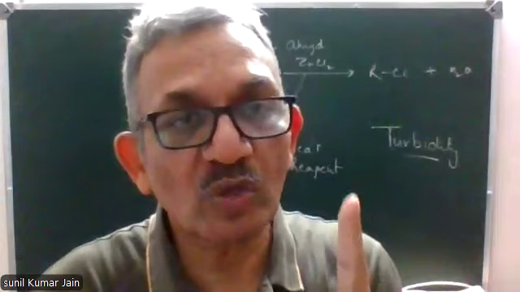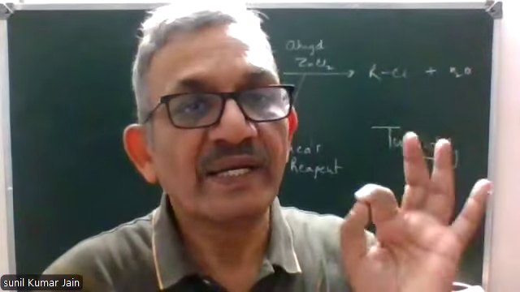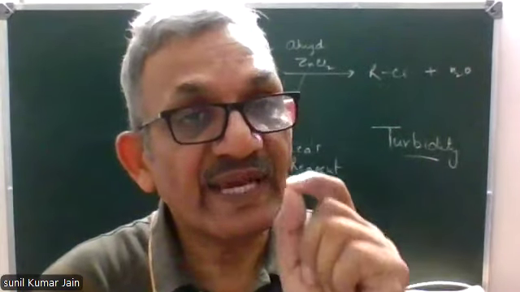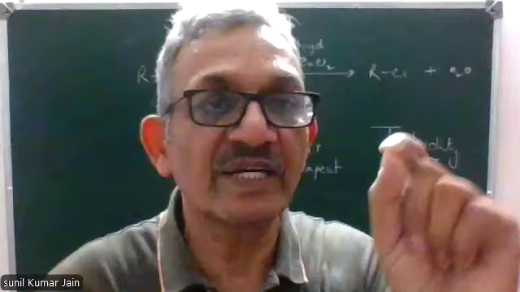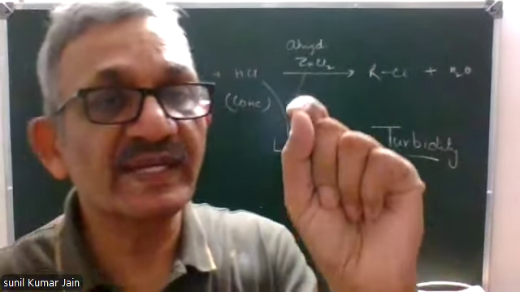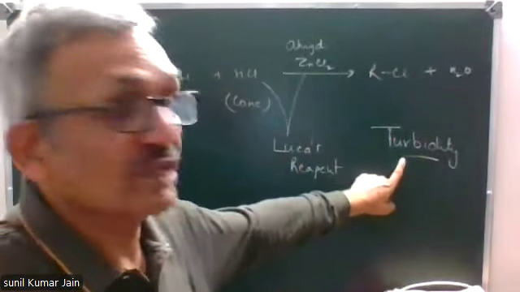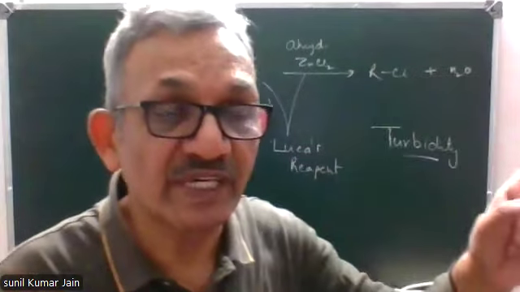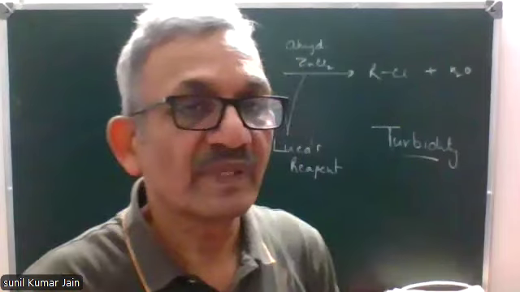Why? Because the chloroalkane produced will be insoluble in water. Now, reactivity order of alcohols is tertiary more reactive than secondary, secondary more reactive than primary. Since tertiary alcohol reacts fastest, this turbidity will appear immediately if the alcohol is tertiary.